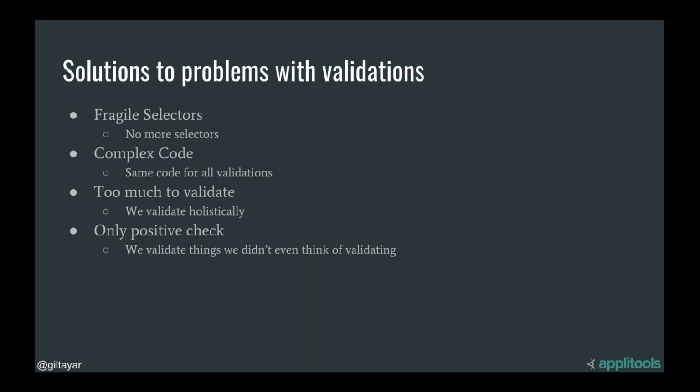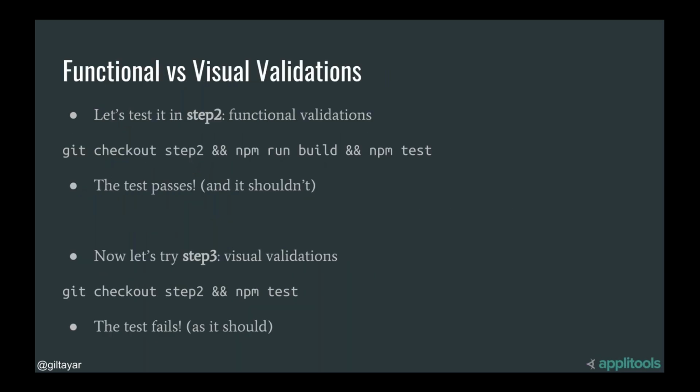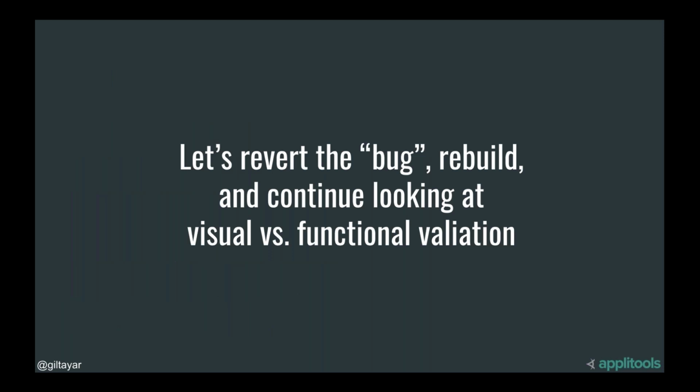So visual validations solve the problem of functional validations, not to check how the page looks, but to check that the functionality is working correctly. We tried it out, and we're done.